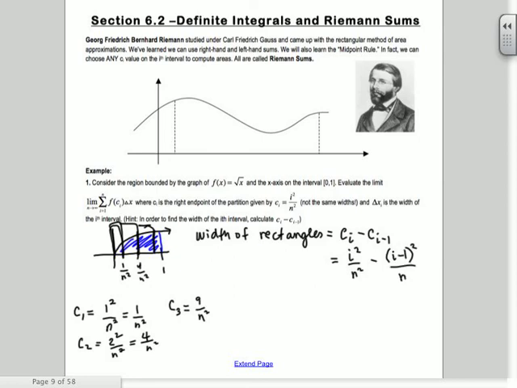So we simplify. Makes sense? All right, so when I FOIL everything out, I'm going to have i squared minus i squared, plus 2i and then minus 1. Do you guys see that? So I'm going to have 2i minus 1 over n squared. Do you want me to write it out?